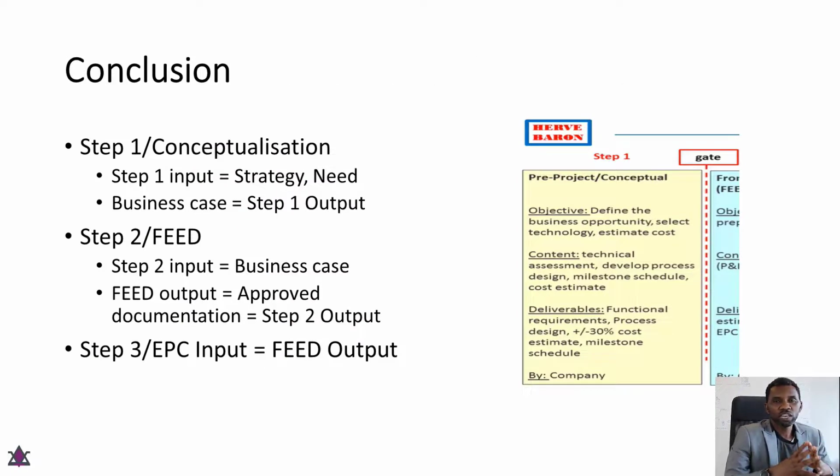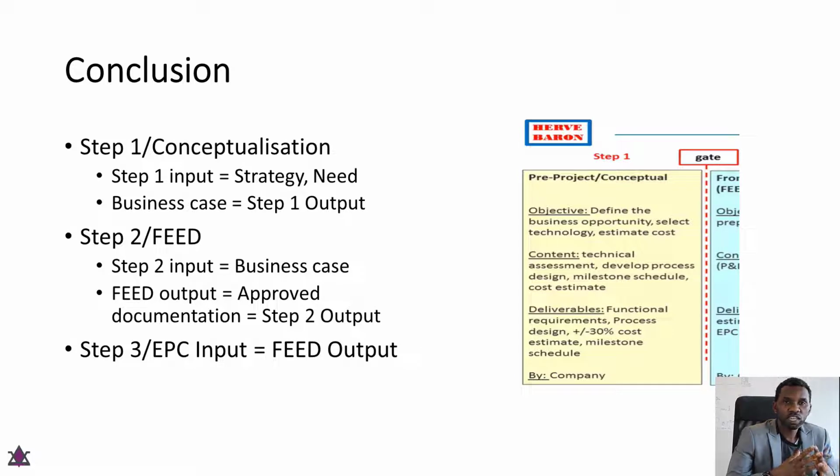So we have gotten to the end of this video. This is a brief overview of what has been discussed in this part 1 of this video review on oil and gas, power plant and industrial facilities engineering.